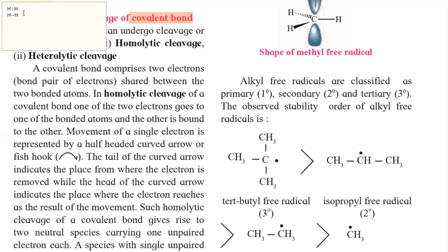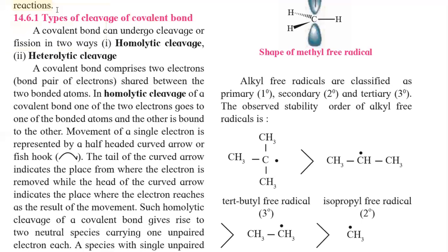We have now studied what is a covalent bond. Now we will study the types of breaking of this covalent bond, and that is called bond fission. So we will study the types of cleavage of covalent bond.